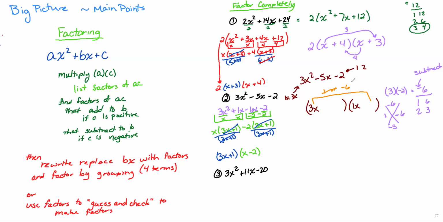So 3 times what equals -6? 3 times -2. Now we can think of the other one. x times something has to equal 1 or -6. I already got the -6 taken care of, so I need to get the 1. 1 times what equals 1? That is a 1, and it's a positive 1.